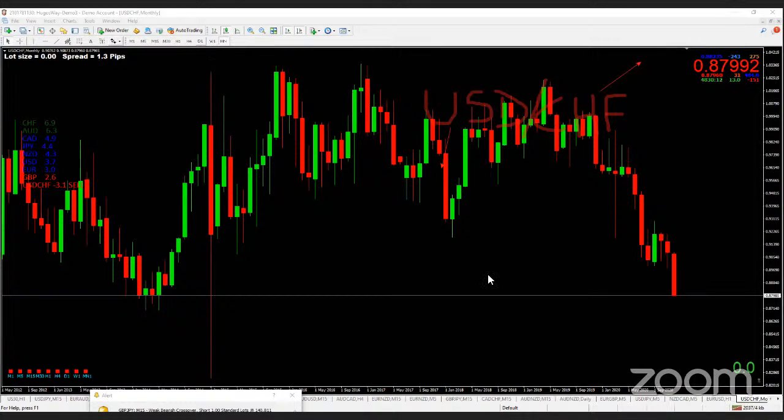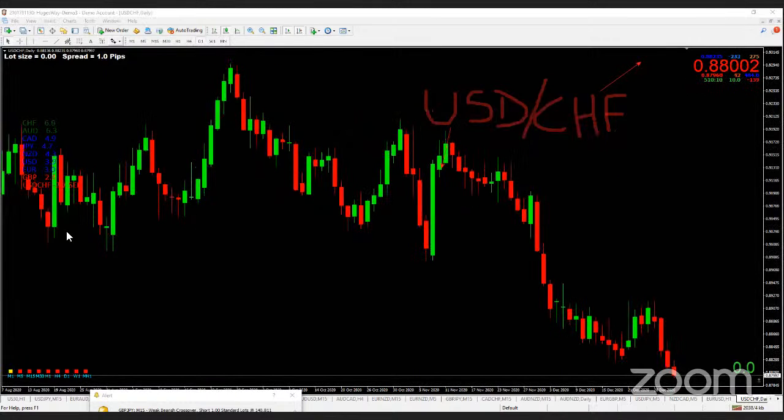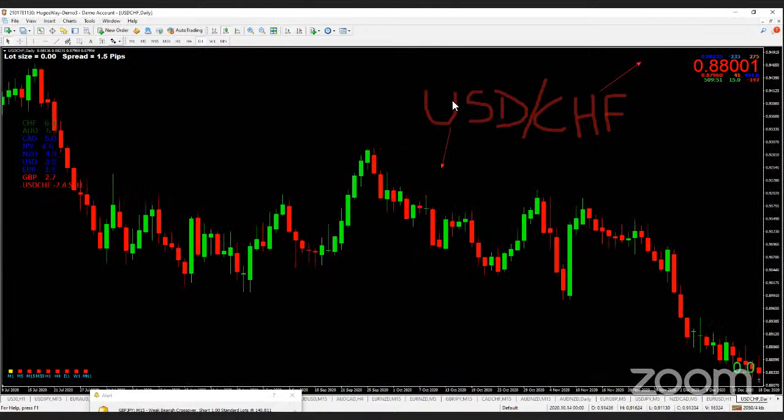Let's go back to the daily. I suppose I say I'm glad I did this, because I'll be looking to trade this now. When we start trading in the new year, this is one of the currencies I'll be having a look at. So we can see anyway, even as I did say a while ago, because the base currency here is the weaker one, as we see here, that's why it is the case that as a pair, USD CHF is going down.